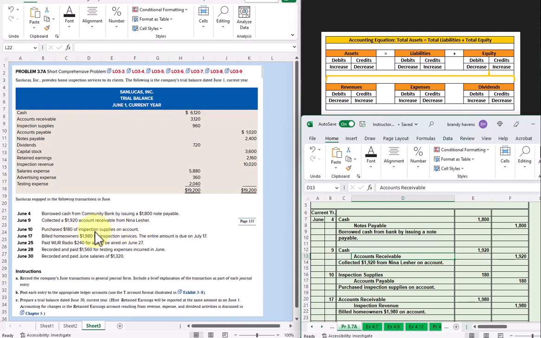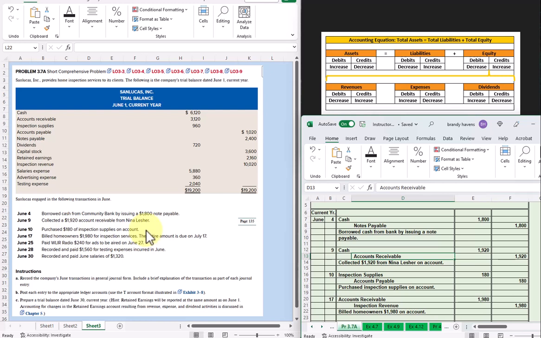Back over here on June 10th, we purchase $180 of inspection supplies on account. Supplies are an asset, so we know that our supplies are going to increase by $180. Now, this is a little tip for you. Anytime you see that we've purchased something on account, that is a red flag that we are looking at accounts payable, which means we are going to pay it in the future. So we need to increase our supplies, an asset, by $180.